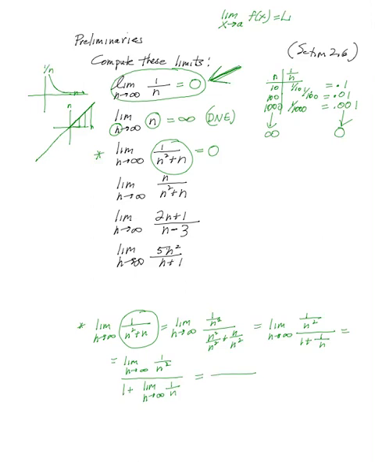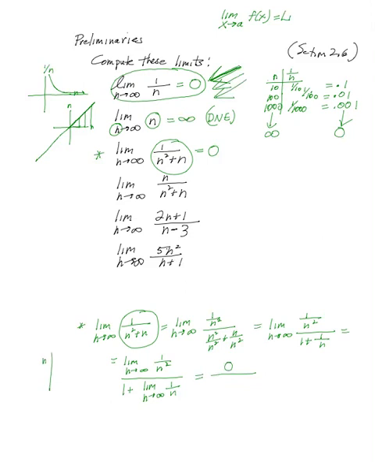Now, when n gets bigger and bigger and bigger, 1 over n squared is going to 0, right? Go back up here. When n gets bigger and bigger and bigger, 1 over n goes to 0. So 1 over n squared would certainly go to 0 even faster. Right?